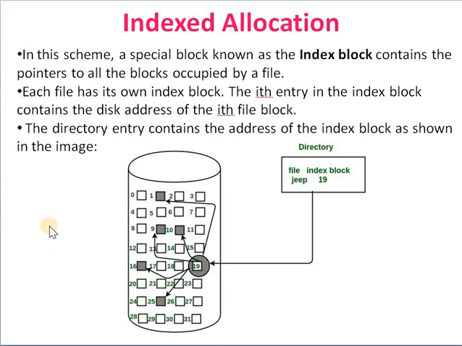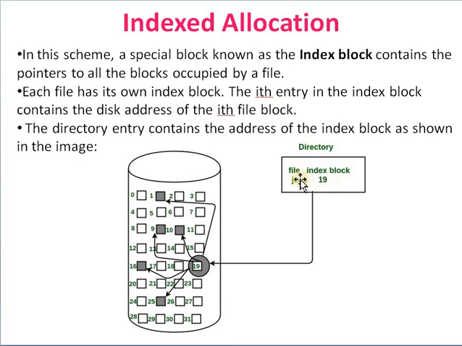Same way, in index allocation there is one special block, the index block, like the index page of a book. And according to the index entry, you are accessing the contents of a file.